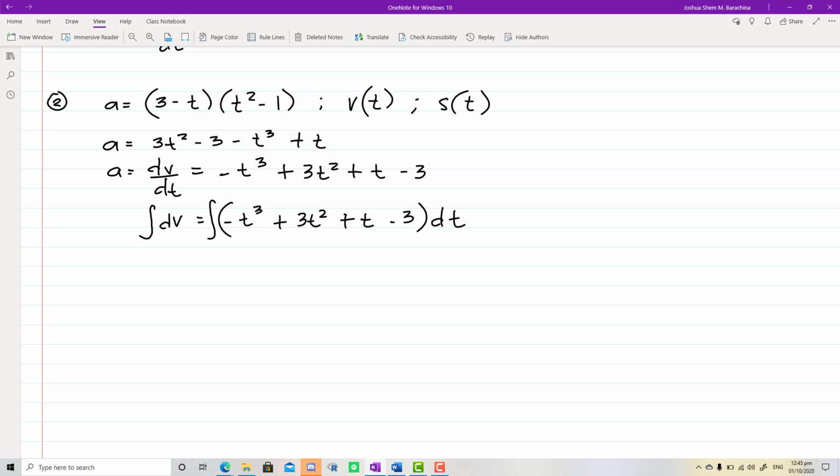We have here your velocity is equal to ang integral niyan.